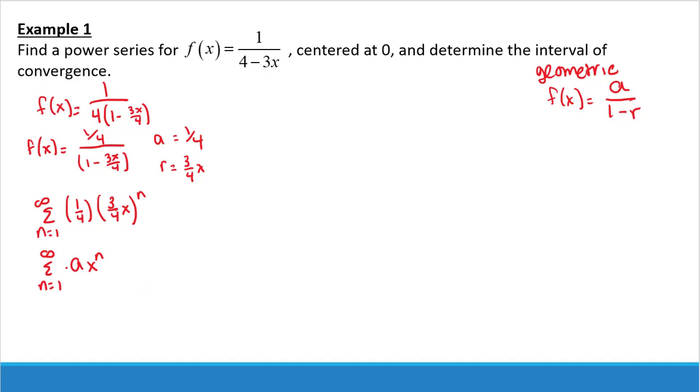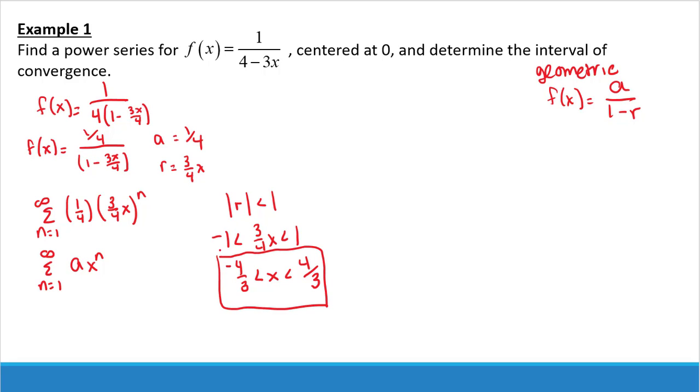Since this is geometric, the absolute value of our ratio has to be less than 1. So negative 1 less than 3/4 x less than 1. Multiply both sides by 4/3. Okay, so there's my interval of convergence, and there is my power series.